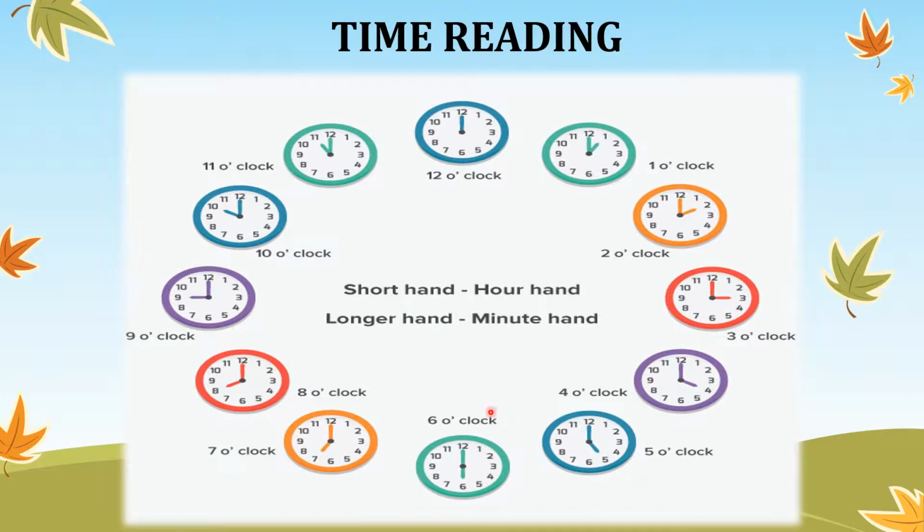Here comes 6 o'clock. At 6 o'clock, the hand is totally straight. Why? Because the shorter hand is at 6, the longer hand is at 12, so it makes a complete straight line. Next is 7 o'clock, because the hand is at 7 and 12. Then comes 8 o'clock.